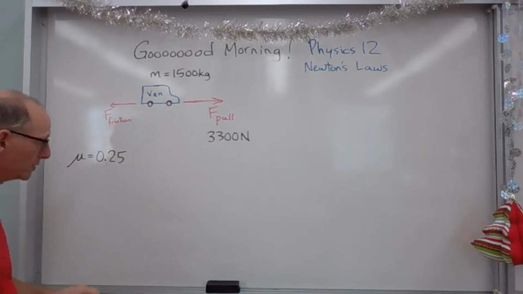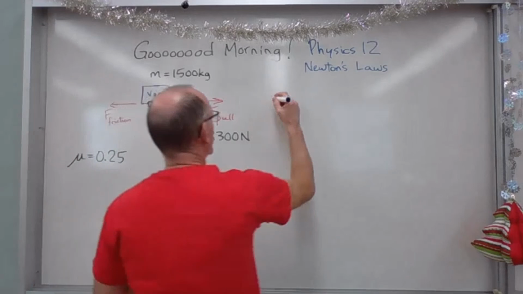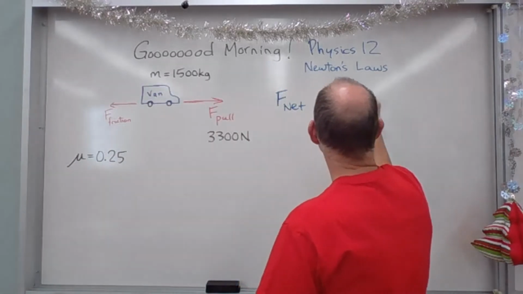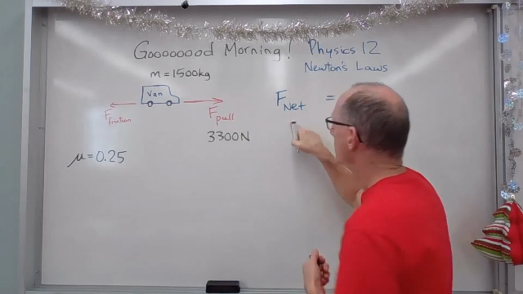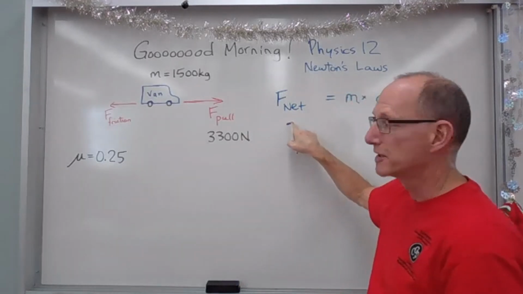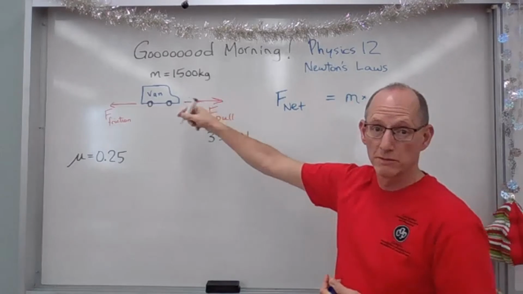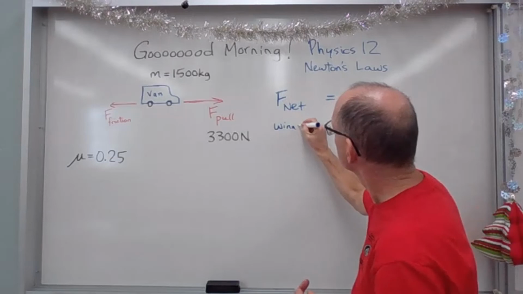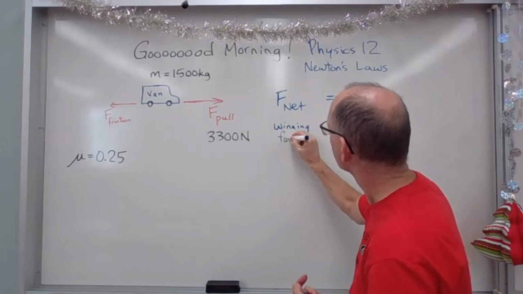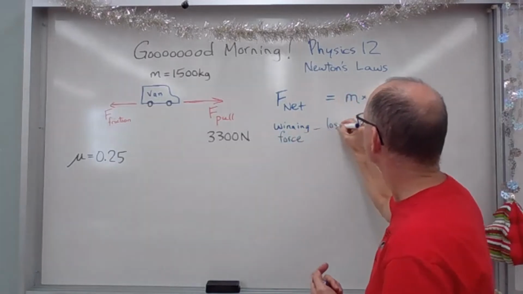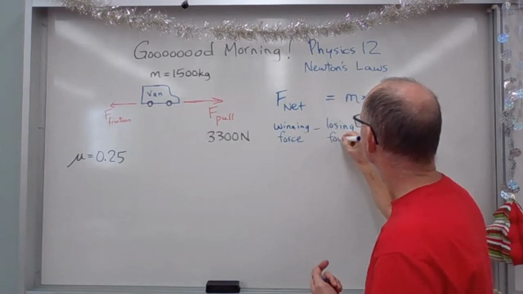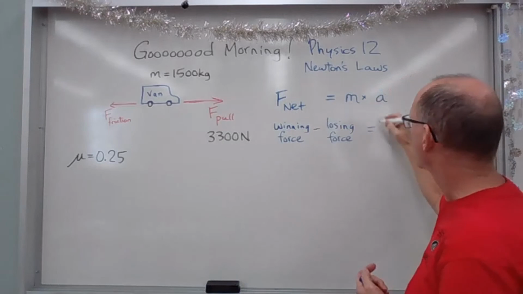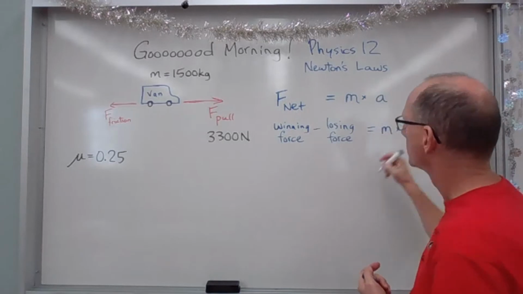So if we look at Newton's second law, it says F net is equal to m times a. F net is always the winning force minus the losing force. This van's moving, it's going that way. So we've got the winning force minus losing force, that is F net, is equal to mass of the van times a.